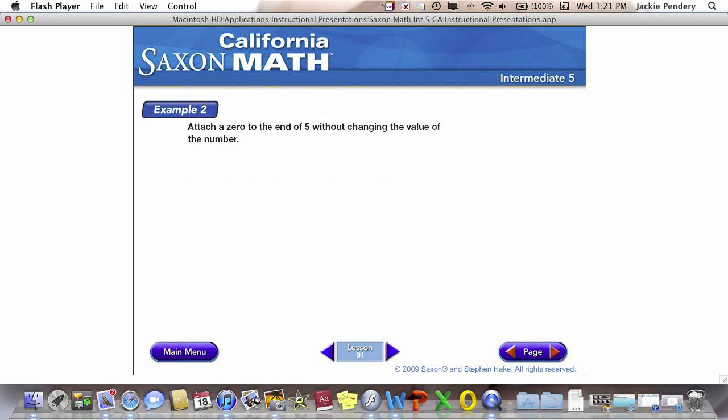If I take this number, 5, and I want to add a 0 without changing the value of the number, I cannot just add a 0 here, because now what number do I have? I have 50.